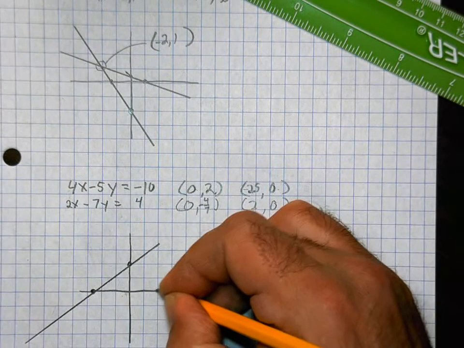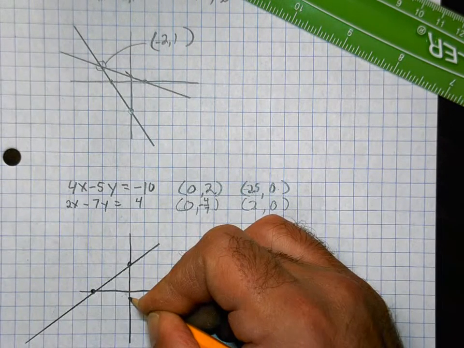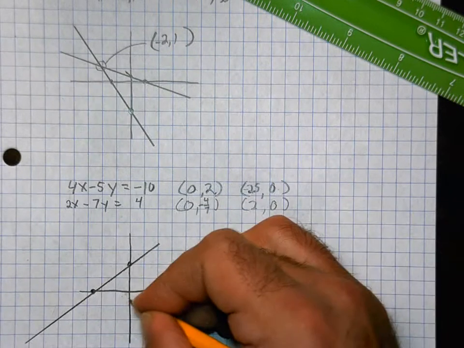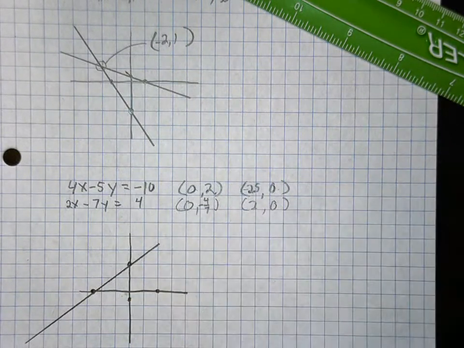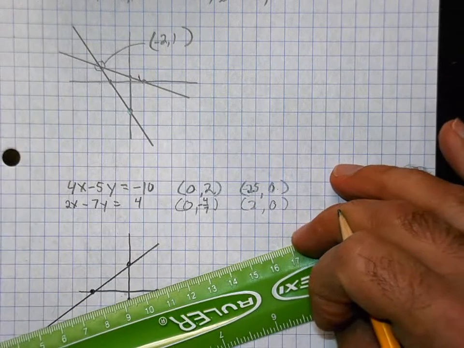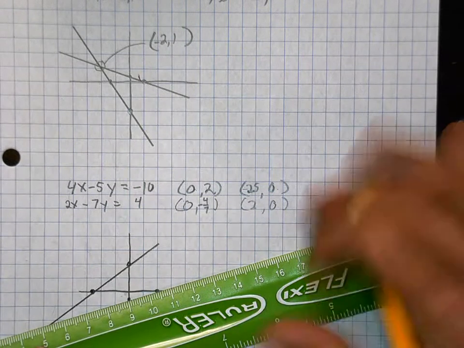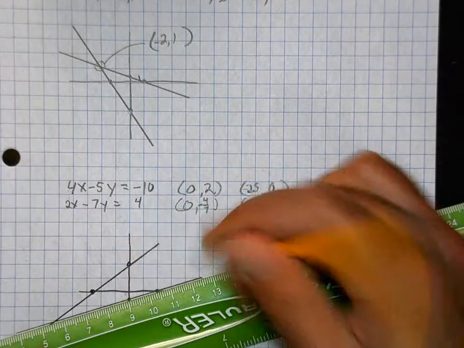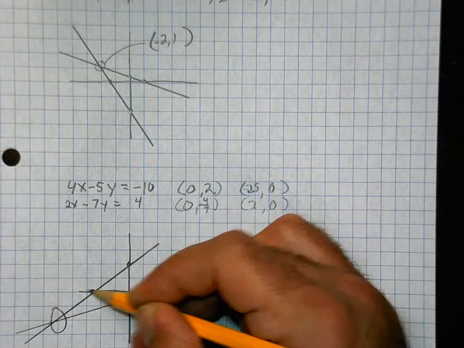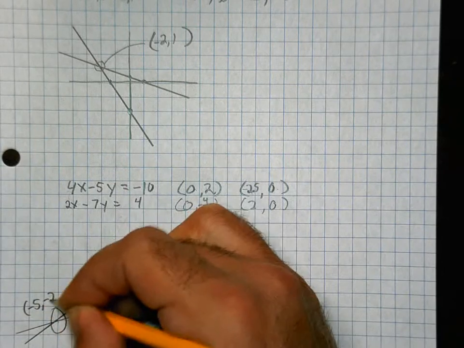So 2, 0, and 0, negative 4/7, which is somewhere around negative 1/2, a little bit more. So right about there. Okay, so where's my point of intersection? Right there. Looks like it's negative 5, negative 2.